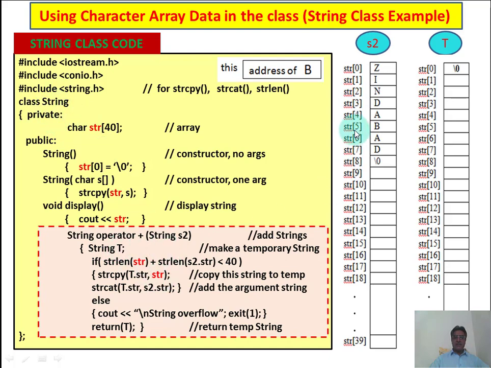So T will have a 40 character array, and a null value is here because the no-argument constructor will be called here, and it will assign a null value to this one.